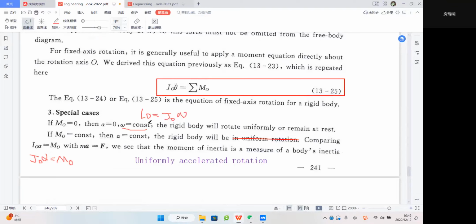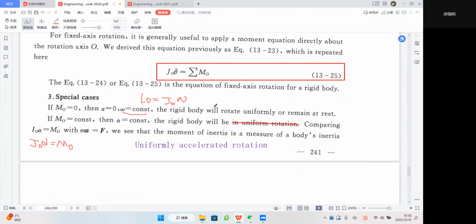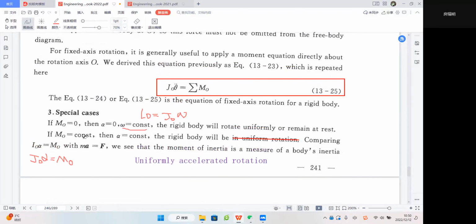That means its angular momentum will be a constant vector, right? So the rigid body will rotate uniformly or remain at rest. Because if at the initial time moment the system is at rest, then its omega will always equal 0. Otherwise, it rotates uniformly, right? Another one is MO is constant.